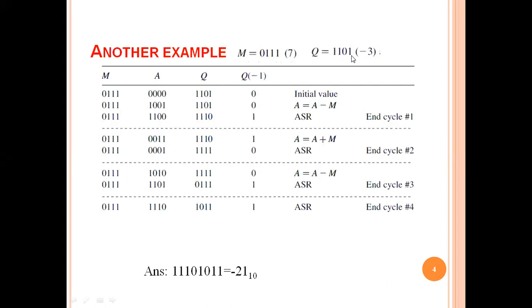We have to make the 2's complement of this number. If I make 2's complement of this number, we will get the value of q as this. So we put the value of q as this value. Clear? M, we know that is 7. The value of A is initially 0 and q minus 1 is 0.